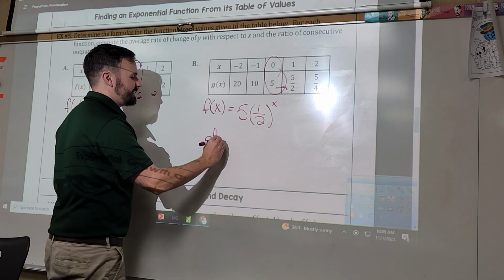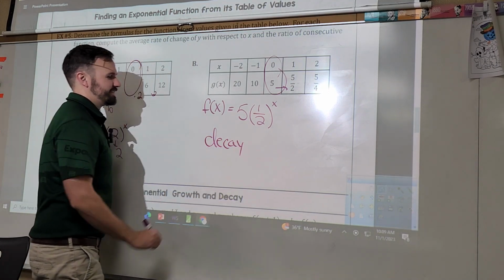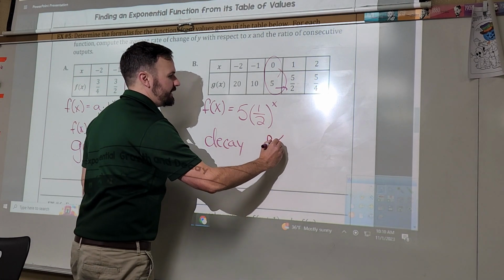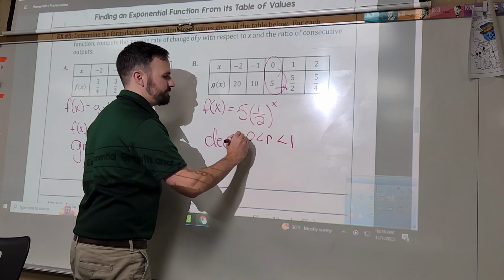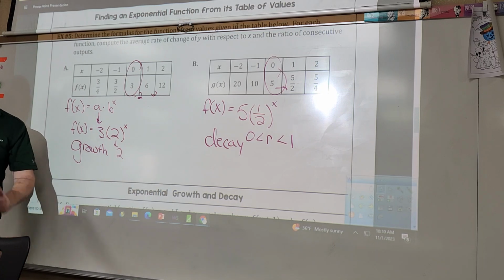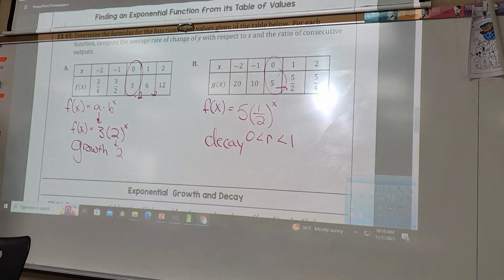It is decay, because my r is in between 1 and 0. It's a fraction. Every time I'm cutting it in half, it's getting smaller. If it's bigger than 1, it's growth. And if it is 1, then you're wasting your time with a function that doesn't do anything.